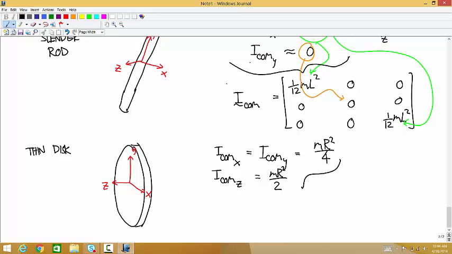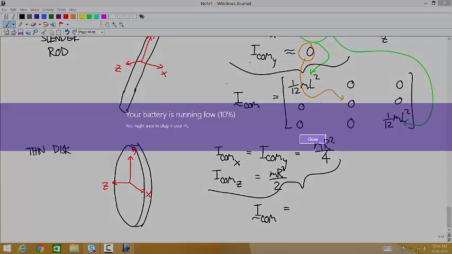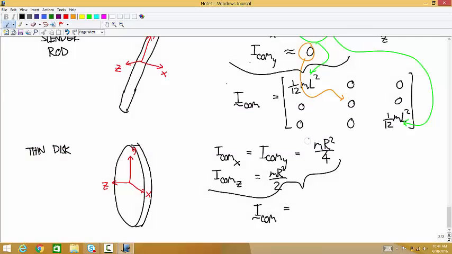And so combined, these give you that the mass moment of inertia matrix about the center of mass is equal to mr squared over 4, 0, 0, 0, mr squared over 4, 0, and then 0, 0, mr squared over 2.